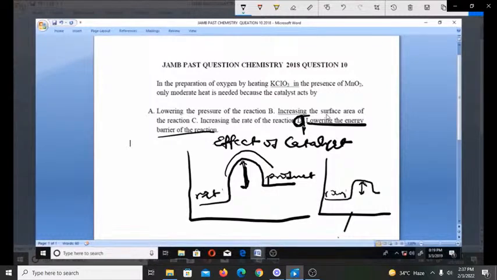That is why you add a catalyst, to reduce the energy barrier. So it's none of these. It cannot be to reduce the pressure. A catalyst does not affect the pressure or the surface area of the reaction, but it does reduce the energy barrier so that with lesser energy you can achieve what you want. Thank you.